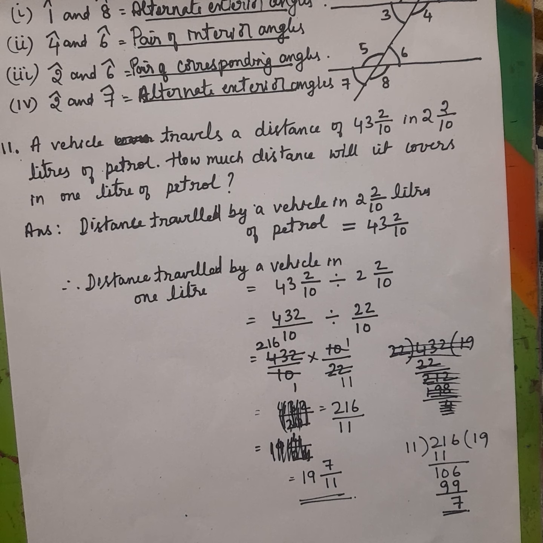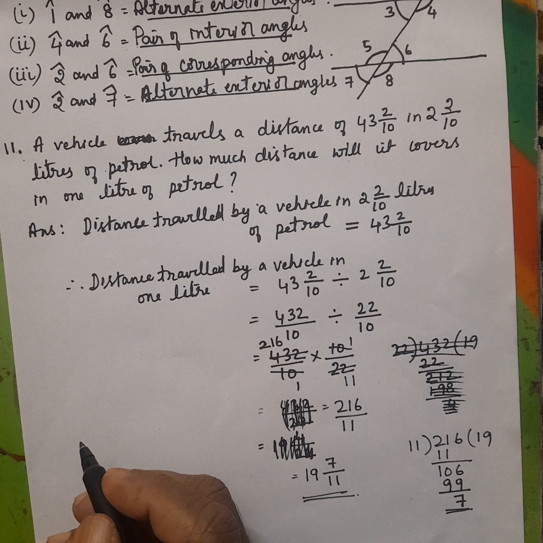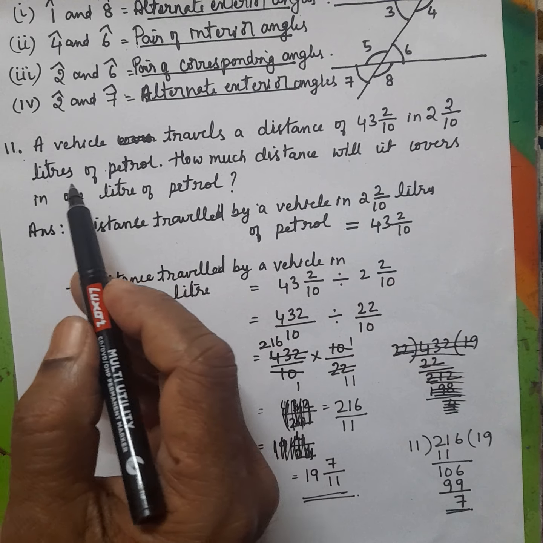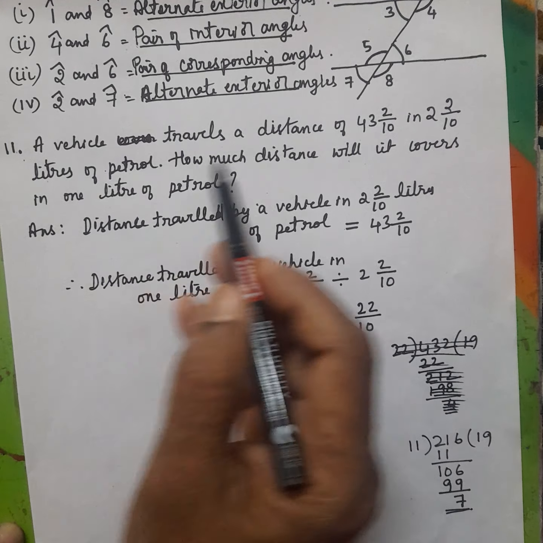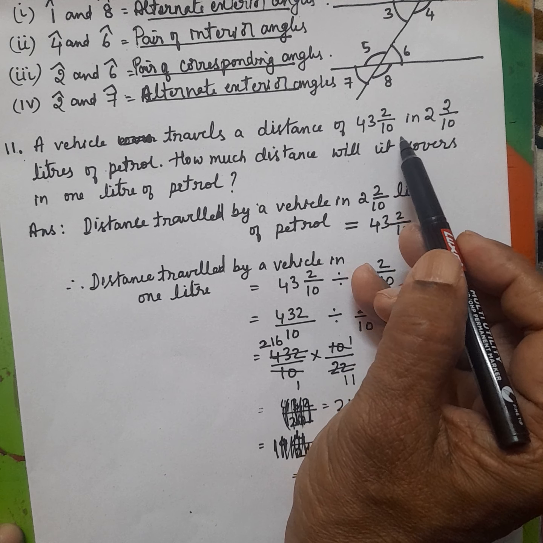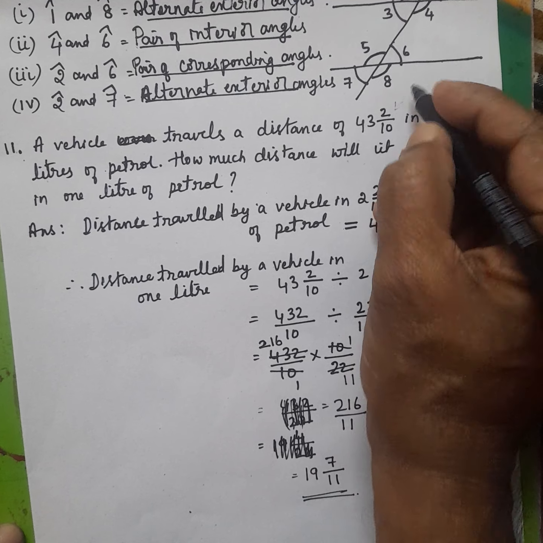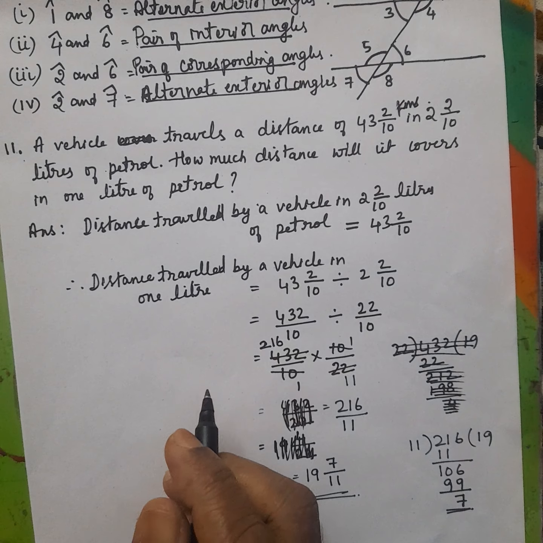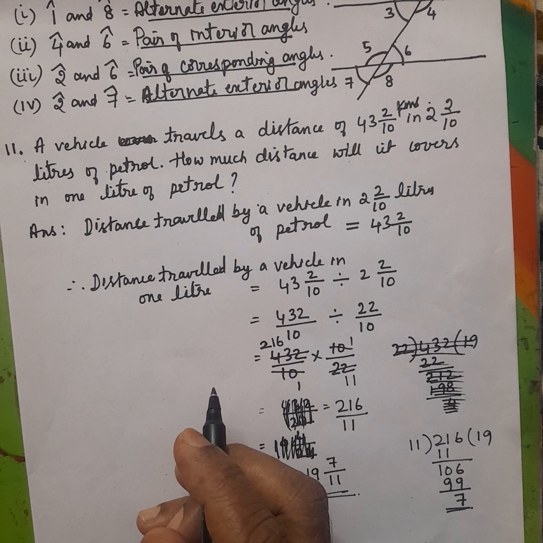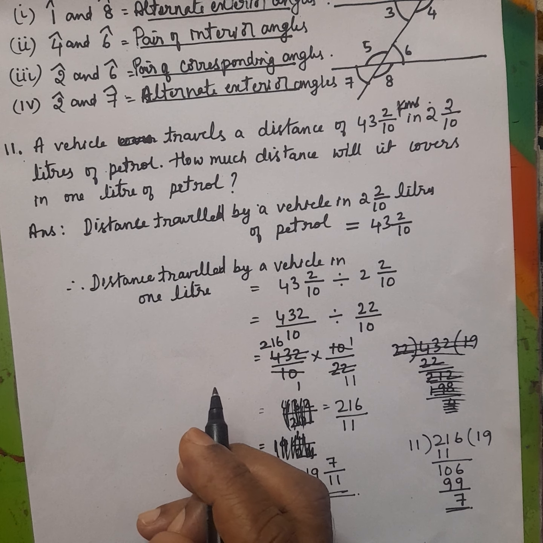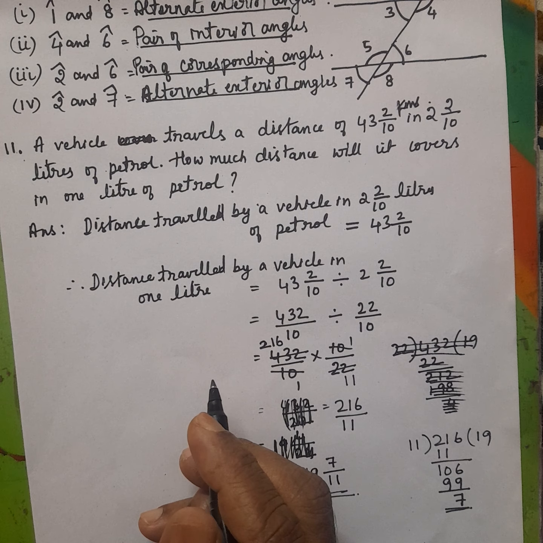Now let's see. Now we have distance and liters. The distance is in 43 2/10 kilometers. It's in kilometers. So what we have to find is how much distance it will cover in 1 liter. Okay.